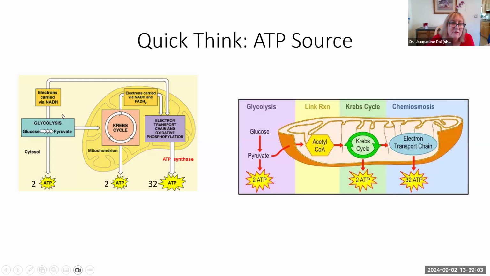But this picture on the left is showing you that electrons are being carried from NADH from glycolysis, which is occurring in the cell, and electrons being carried from NADH and FADH2 from the Krebs cycle occurring in the mitochondrial matrix, going to the transport chain in the mitochondrial cristae, which is going to give us 32 ATP.